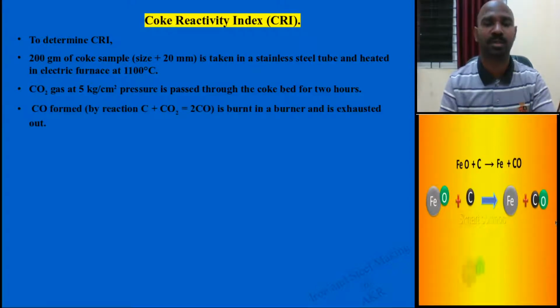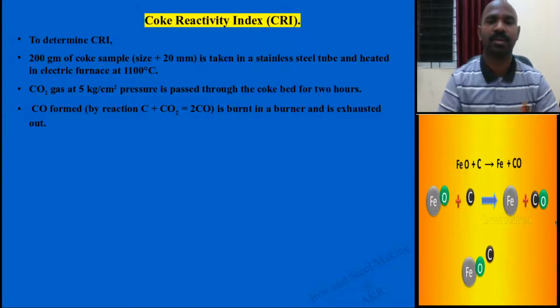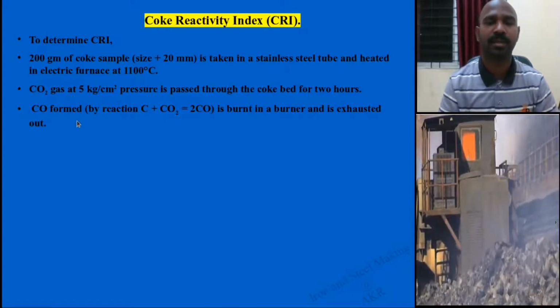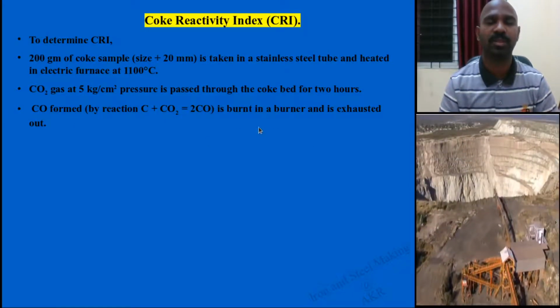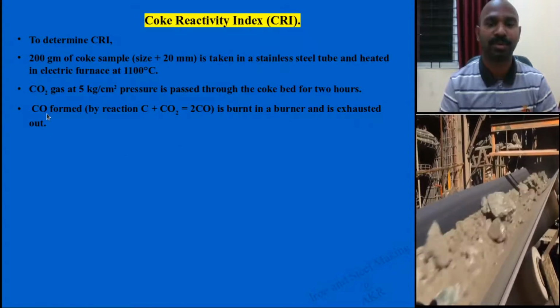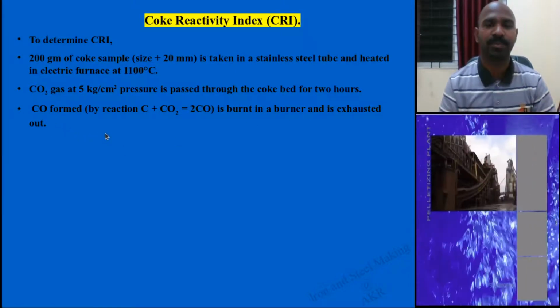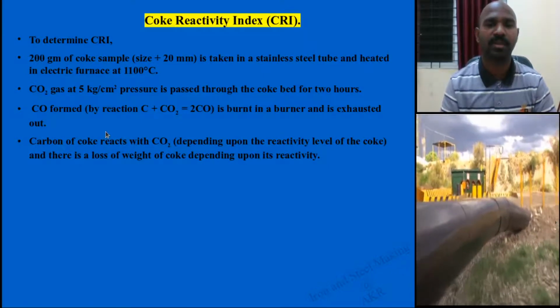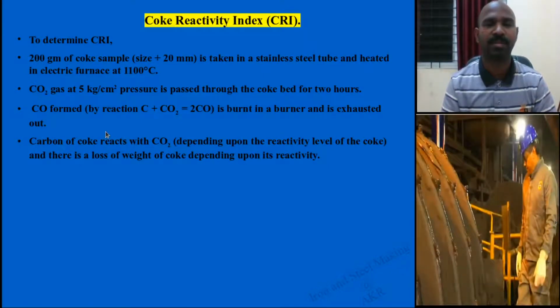Then this CO2 reacts with the carbon in coke and gives rise to CO. The CO is formed and its combustion starts. Some of the CO exhausts out, and some of the CO will participate in further reaction.